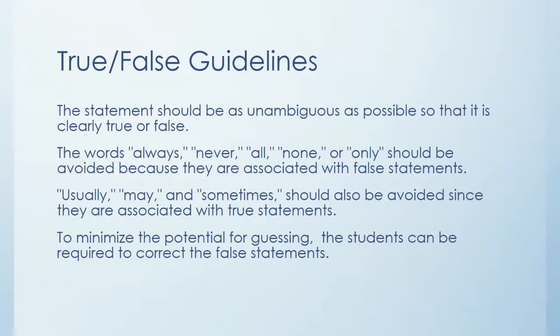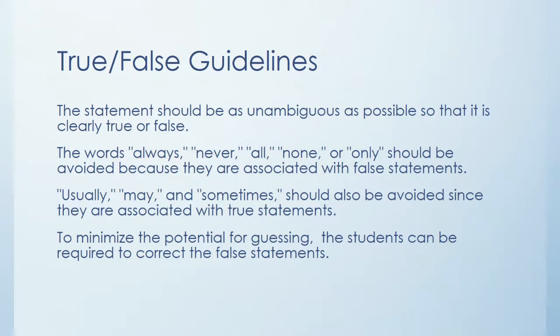All right, so if you are going to use a true false question, the statement should be as unambiguous as possible so it's clearly true or false. And given that, you should avoid the words always, never, all, none, or only, because those are associated with false statements, and then usually, may, and sometimes are associated with true statements, so they should be avoided.